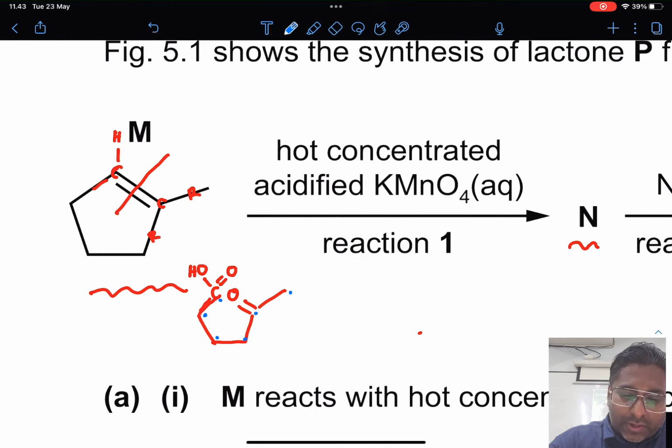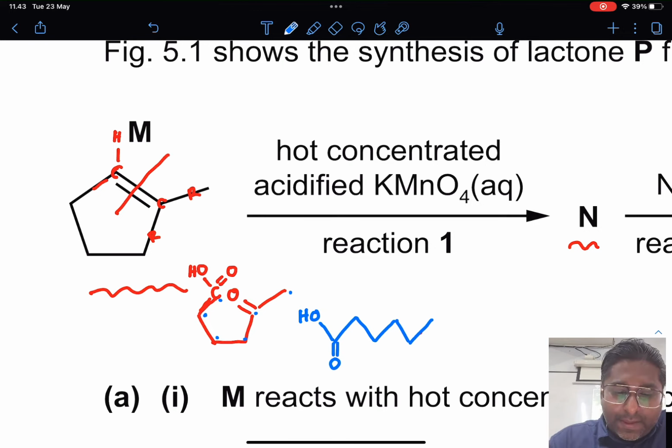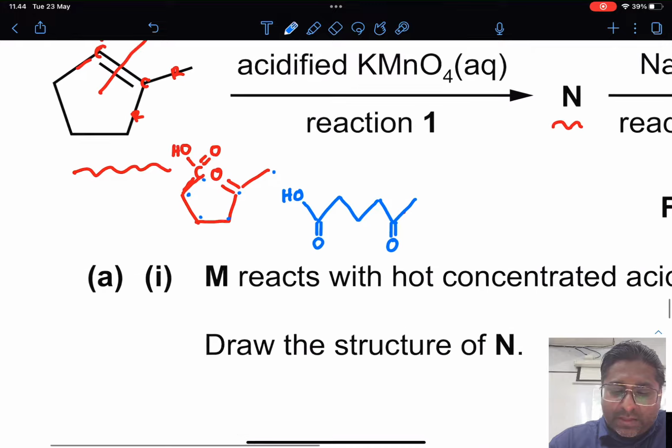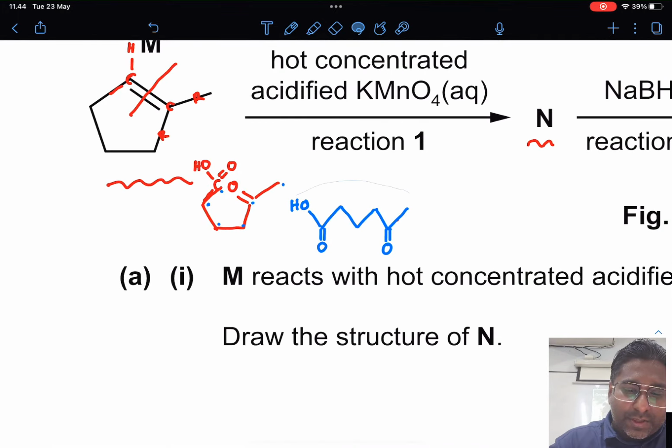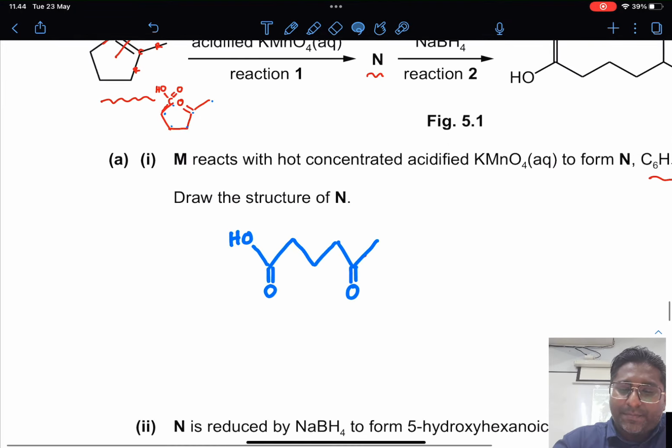So we can actually just draw like this: 1, 2, 3, 4, 5, 6, six carbon, and then at the first carbon there is carboxylic acid, so we can draw OH, carboxylic acid, and then at carbon number 2 on the right, you can draw the ketone group, so double bond O. So this is going to be the structure of N, so we can just bring it over here. This is the structure of N.